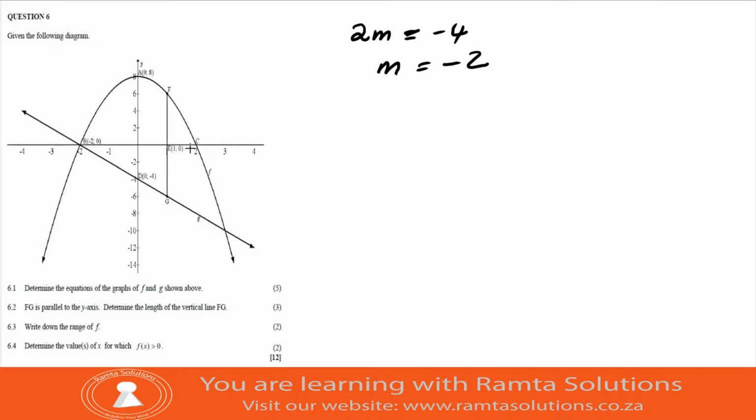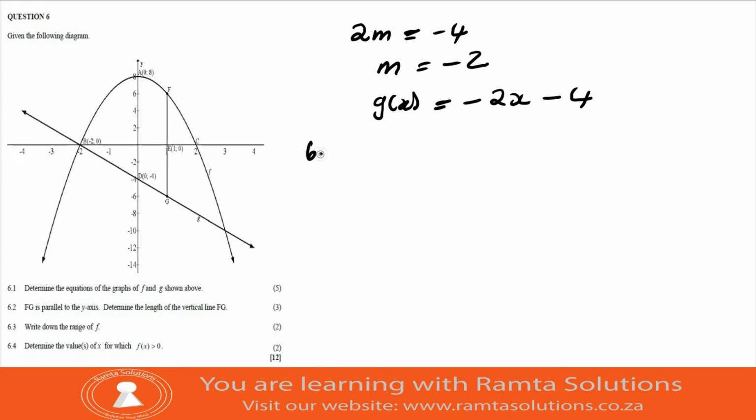Just like I was telling you, I was expecting the gradient to be negative. So we have g of x equals -2x minus 4. We are done. We are sorted. Now, continuing, let's go to 6.2.